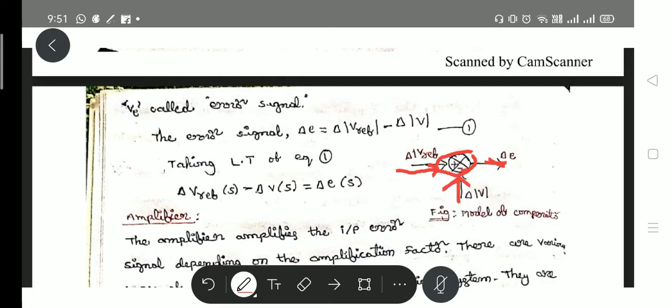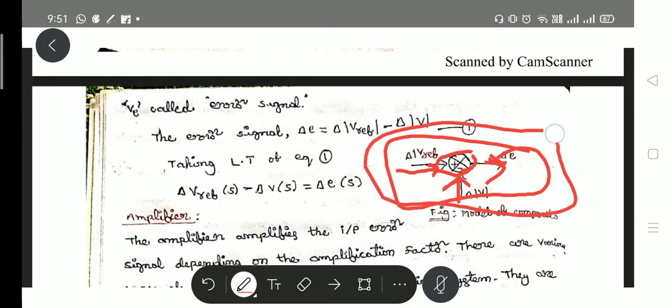Like that, I draw one circuit using the control system. From this circuit you can directly write delta E is equal to delta V reference minus delta V of S. So this is the model of the comparator.